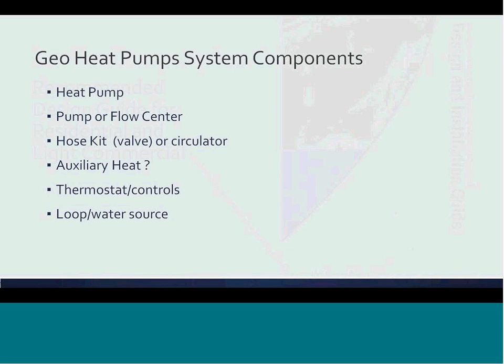In some locations, the heat pumps are ordered with auxiliary heating, and typically this is done in colder regions where making the ground loop for the total heating requirement of the building or home would maybe break the budget, and so strip heat or auxiliary heat is often provided. And mostly I believe this is in residential type applications. Then of course we have the thermostat or controls, and all of that ties to our loop or water source.